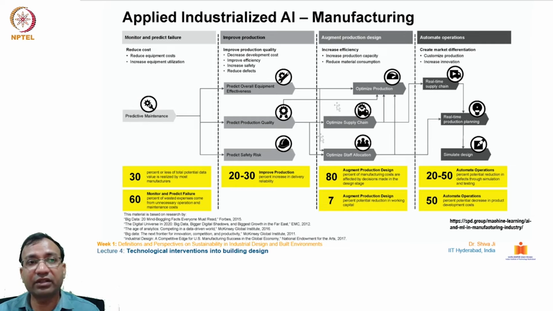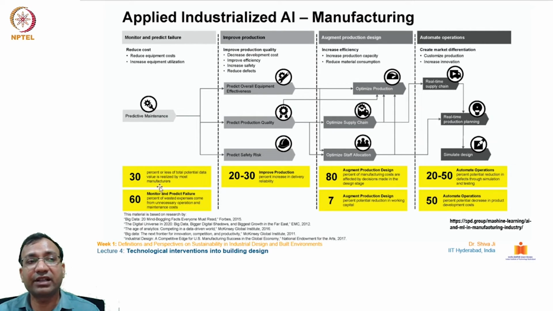With this initiative of predictive maintenance, as a result at this stage, we can go for checking the real-life supply chain. Further we can go for real-time production planning, and overall we can simulate the design and rework if there are any lacunae or shortcomings.